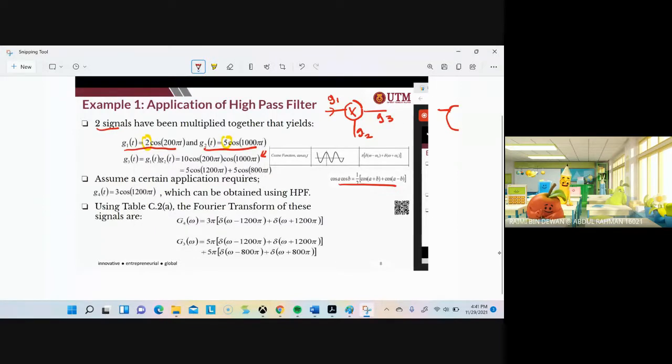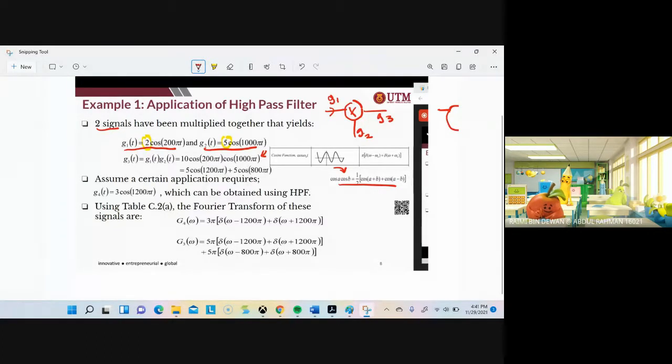You can see here, cos A cos B, which results in a half of cos(A+B) plus cos(A-B). That's why you have 10 divided by 2, 5. And then you have A plus B, 200 plus 1000, that's why you have 1200. And then 1000 minus 200, that's why you have 800.